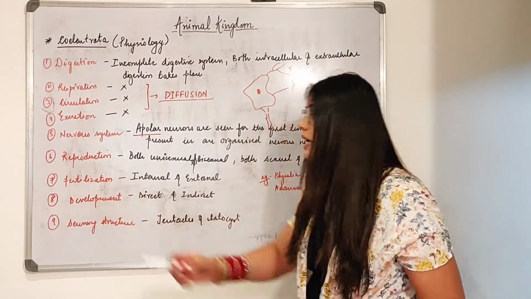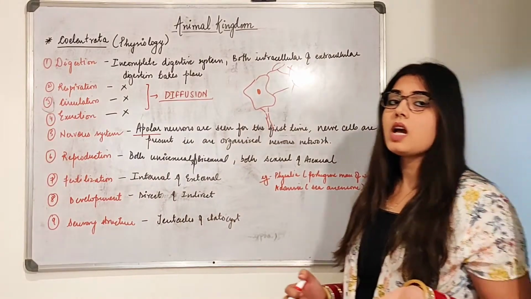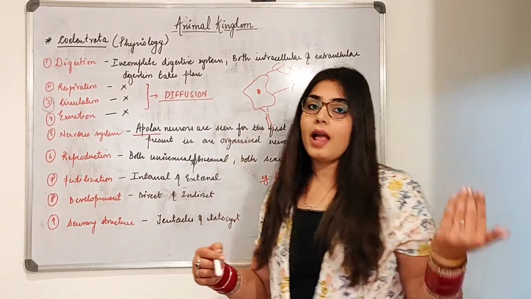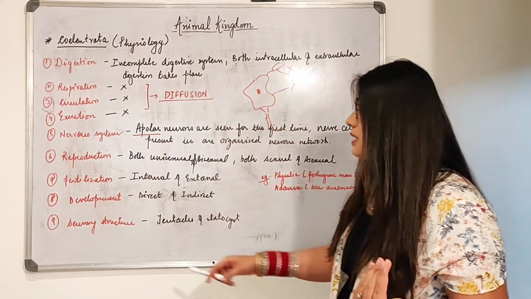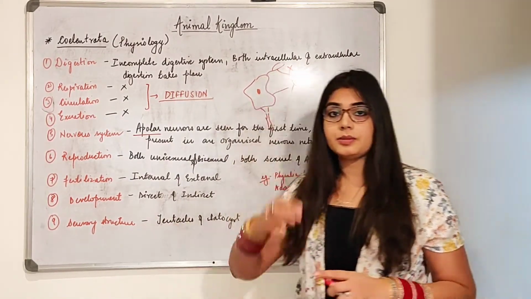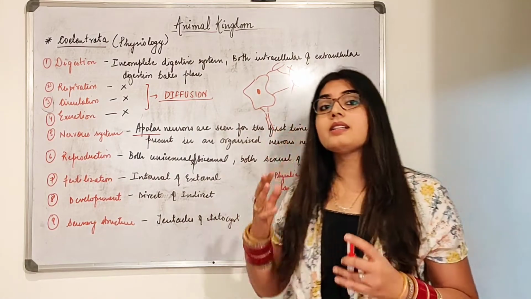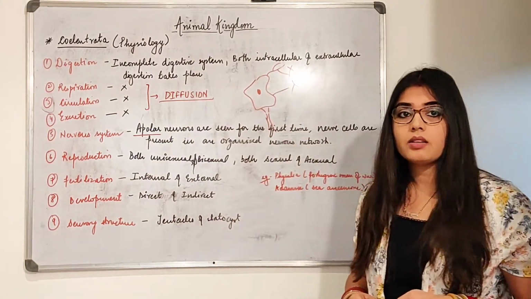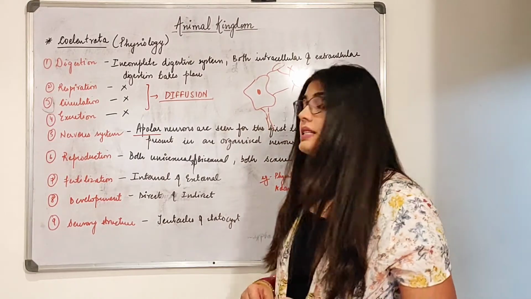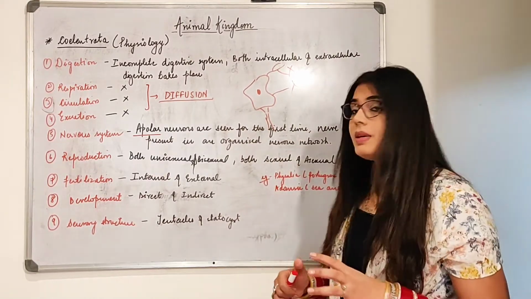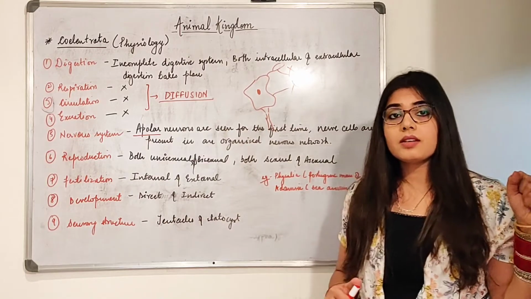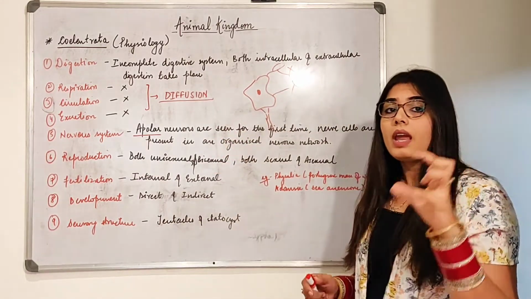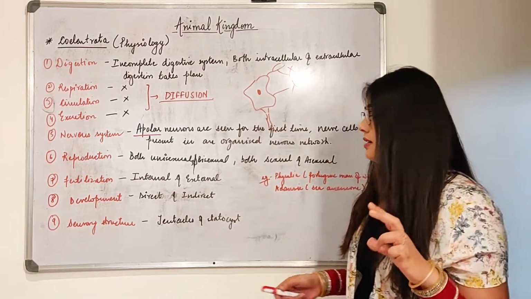Fertilization can be external or internal. Development again can be direct or indirect. And sensory structures are present here. Tentacles are present, not to protect them from the prey, but to hold the prey and protect them from their enemies. So tentacles have two functions.